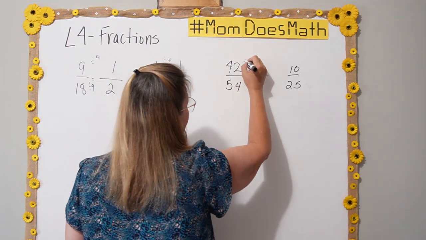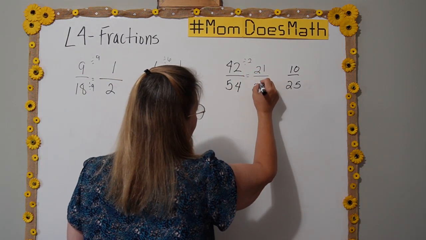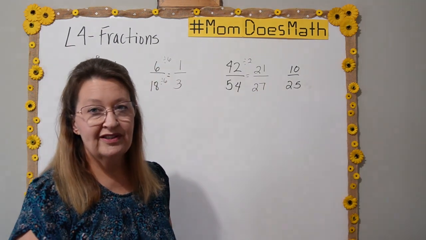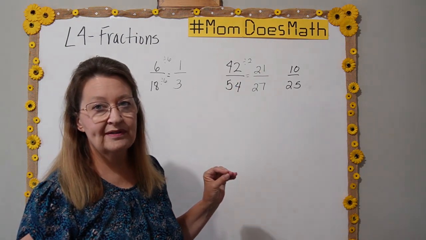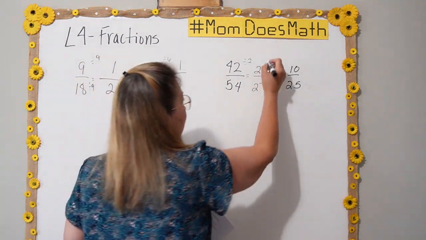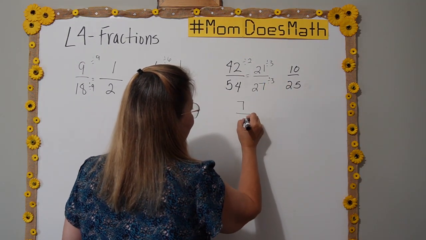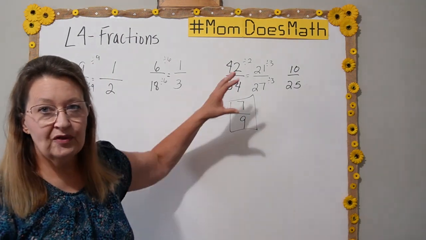So if I divide both of these by 2, that's 21 over 27. Now that's not lowest terms yet because there's still a number that will go into 21 and 27. What is it? 3. So if I divide both of these by 3, then I'm going to get 7/9, which is lowest terms. That's the whittling method.